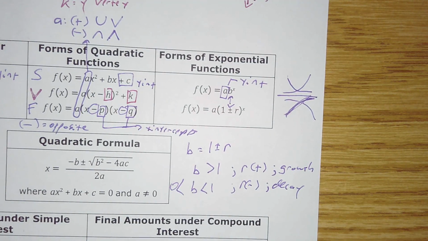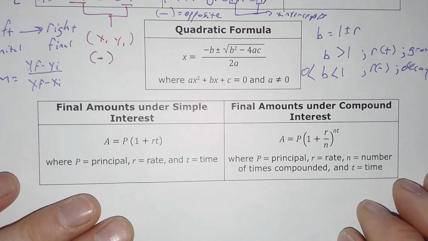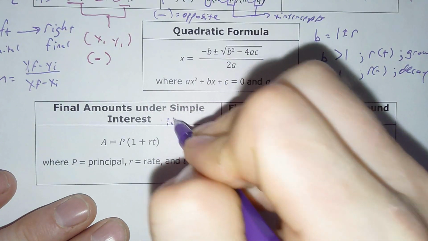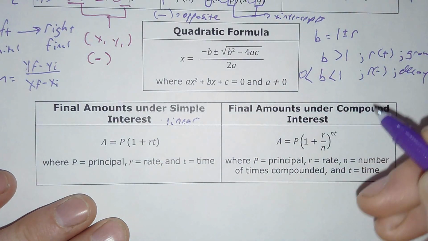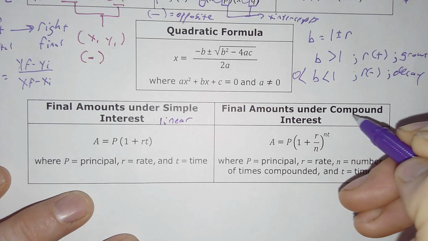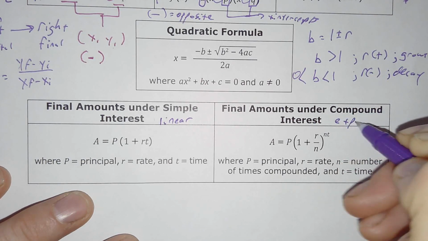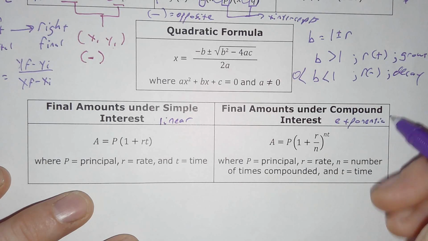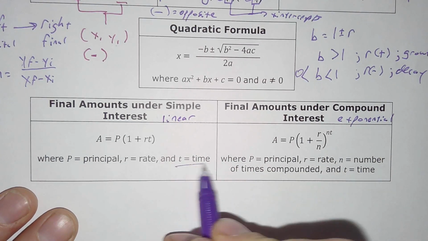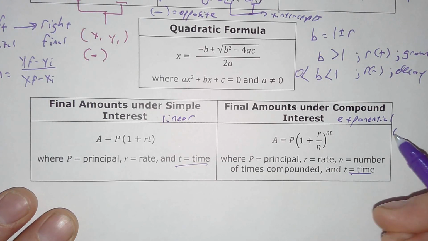All right. Over here, I have a linear simple interest function, and then I have an exponential simple interest function. All right, and in both of these cases, the t must be in years.